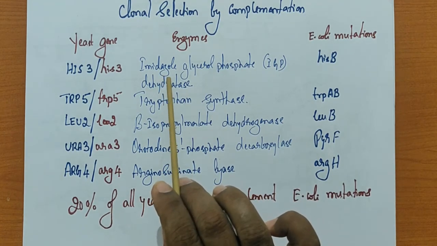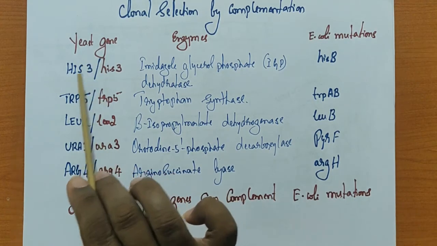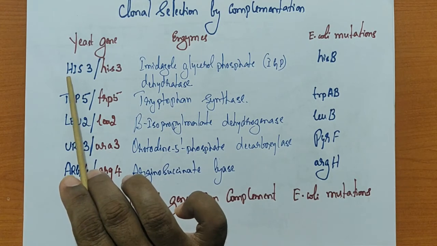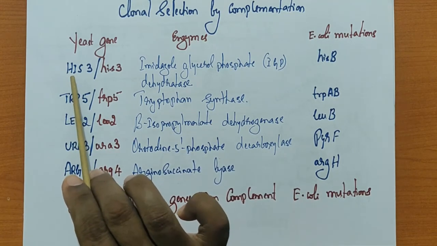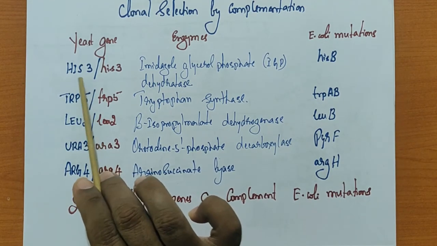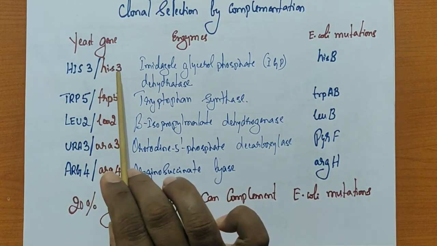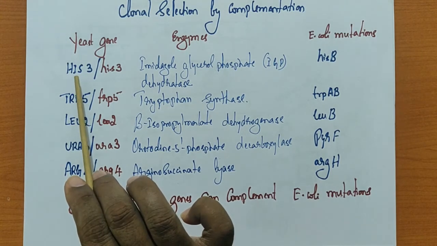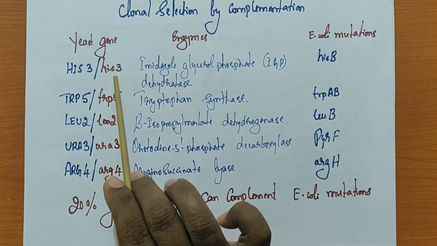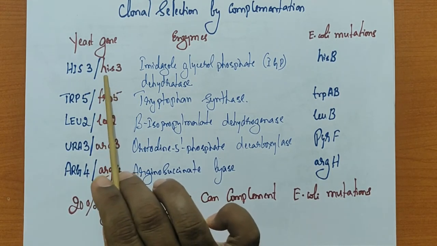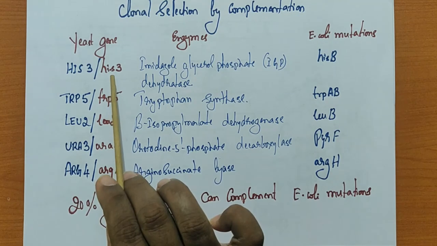The corresponding yeast gene is HIS3. If it is functional, we write it in capital letters, HIS3. If the same gene is written in small letters, his3, that means it is a mutated gene. It is no more functional. So this is histidine positive and this is histidine negative, which is the mutated one.